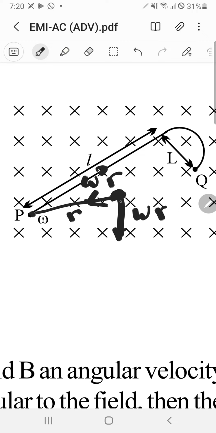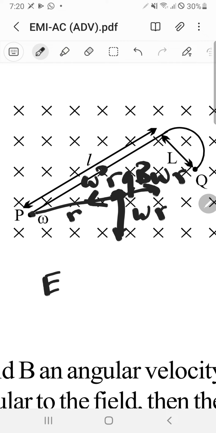Yeah, so what's the force? Magnetic field is going inside, so right hand rule says it should be pointing radially outward. Okay, cool. So you have B omega r pointing radially outward. That means you want E times the charge, of course, times q.